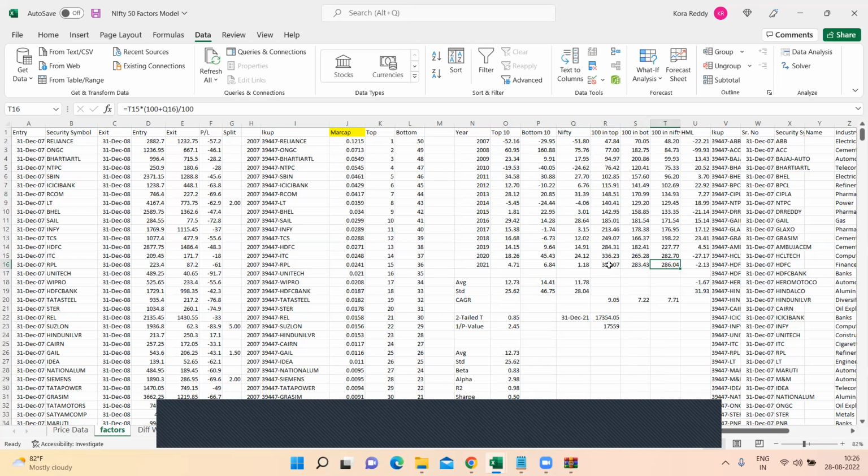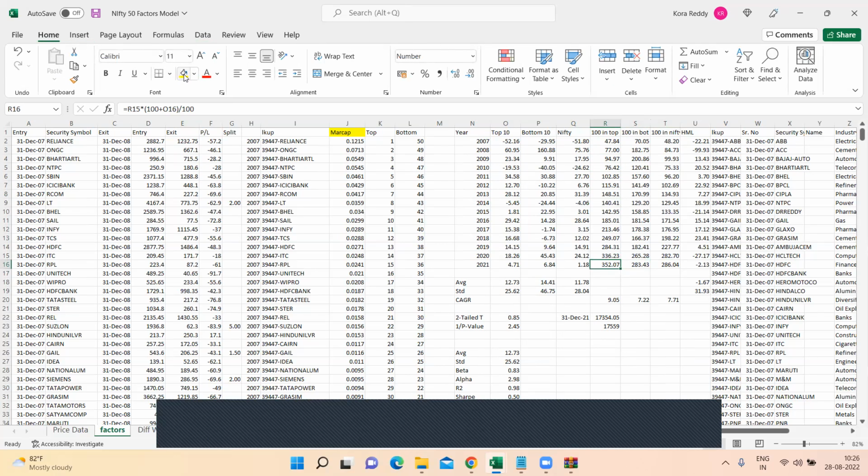What does this figure and this figure tell you? It's better to invest in the top 10.